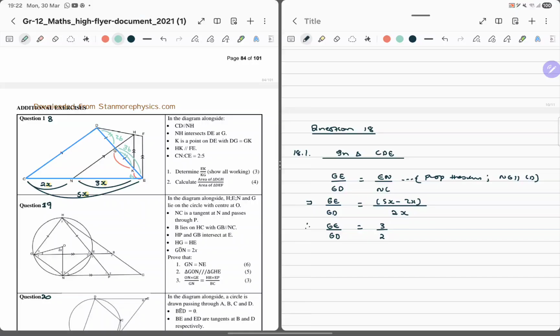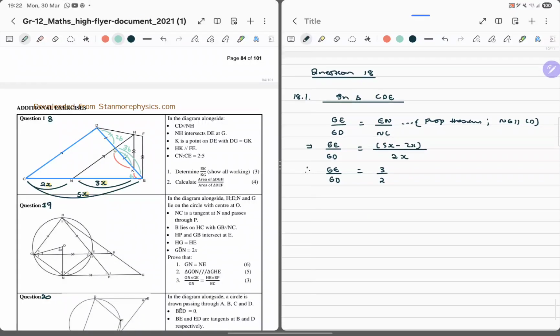Okay, guys, this one is ridiculous. Excuse me, I'm not too sure how to get around this. But we can say GE is going to be, okay, I'm thinking of a better way to get around this business.